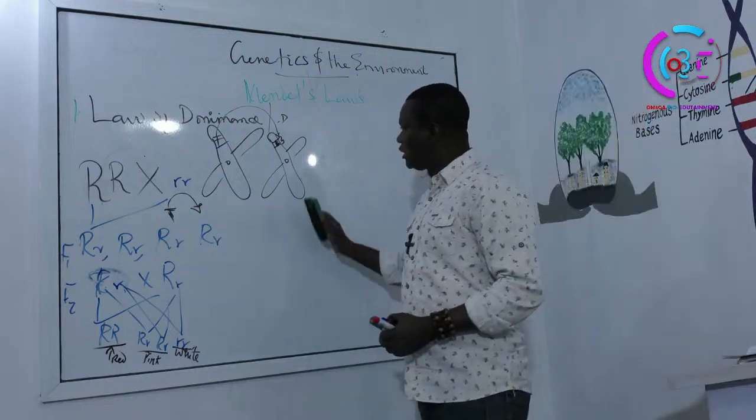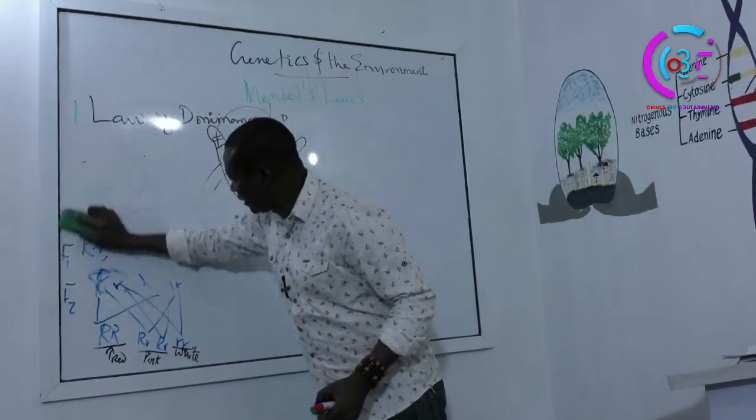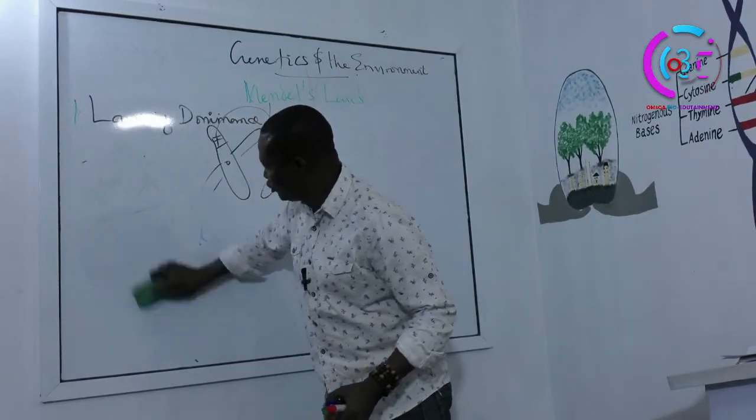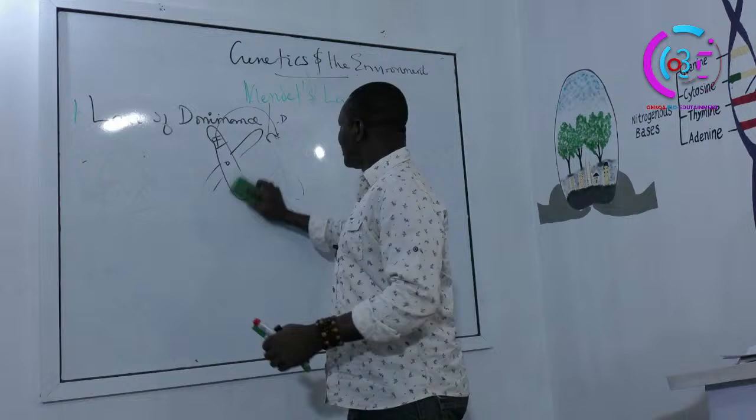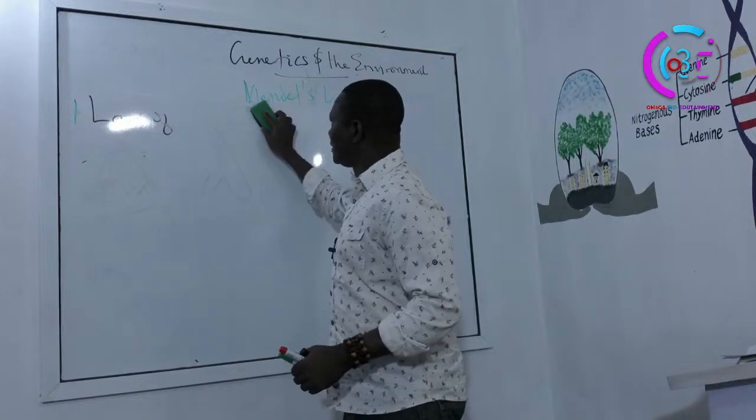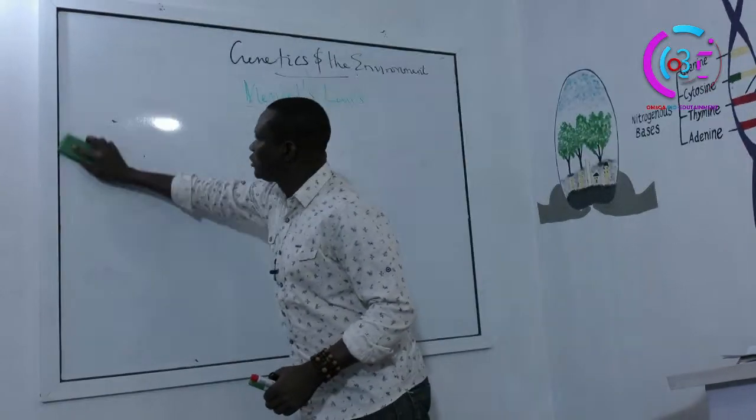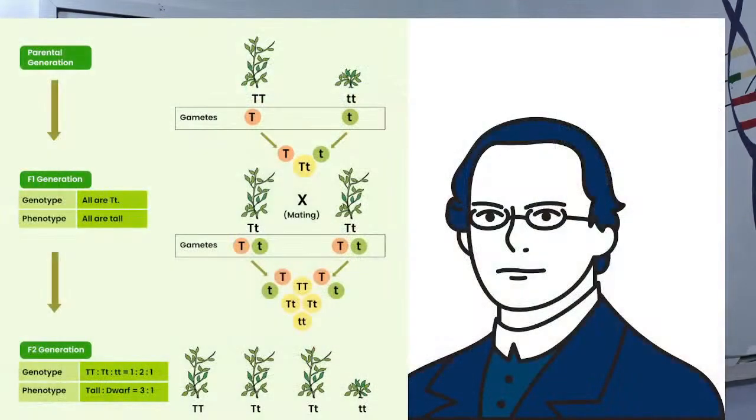We are going to see more of this as we go on, but you should let it be established here that the first law of Mendel, and all the laws postulated by Mendel, are applicable to the plant or the character that has the allele and the trait.